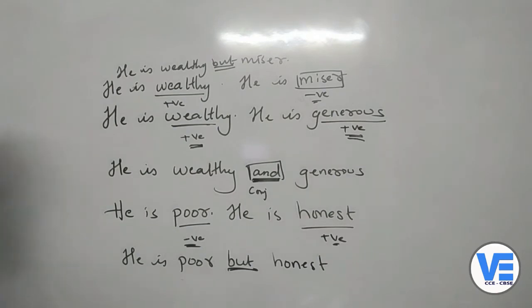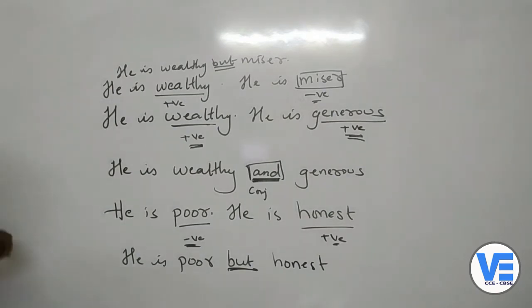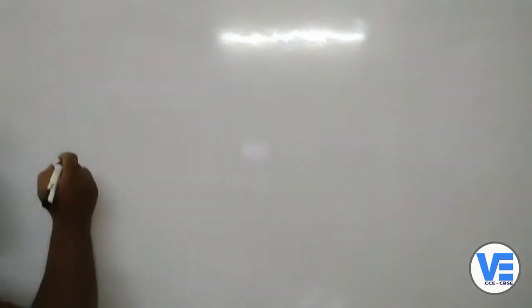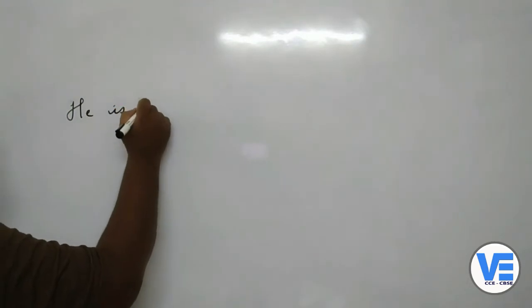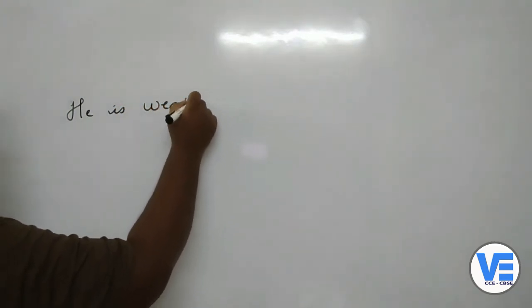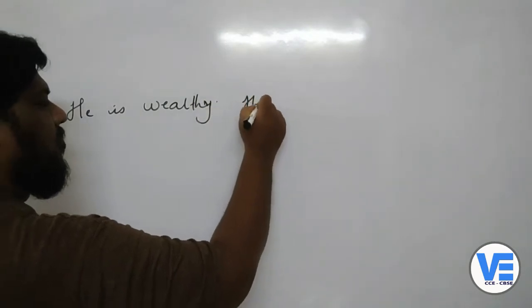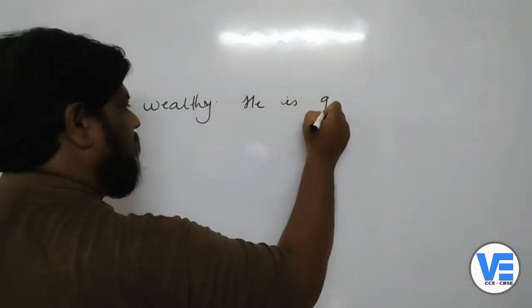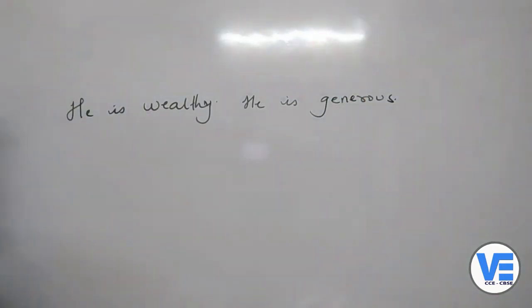Like this, there are several conjunctions which are used. Now we'll see a few of them. We'll take the same example. He is wealthy. He is generous.